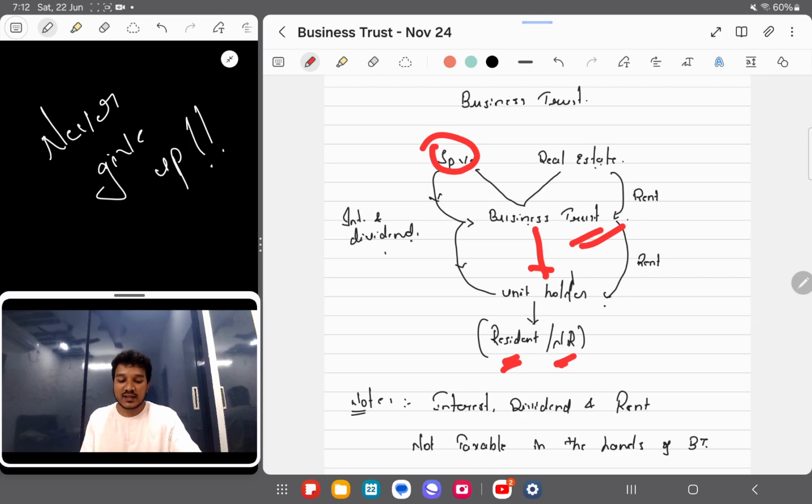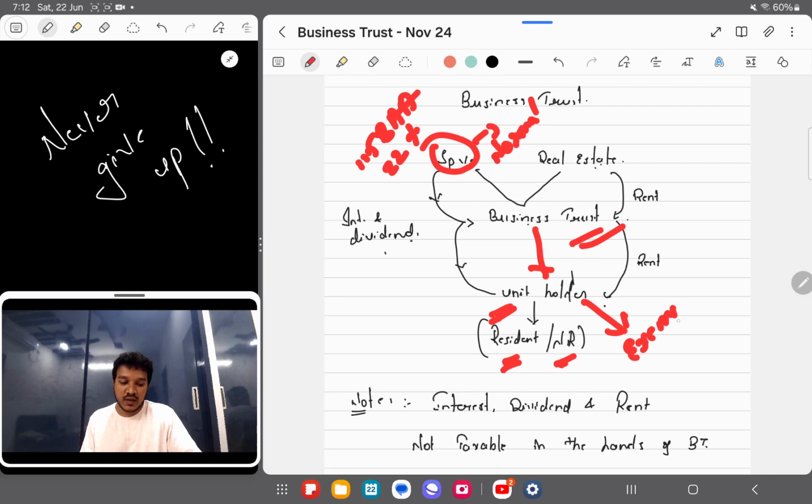If it has paid tax under section 115BAA, where the tax rate is 22%, then the unit holder is liable to pay tax. If it pays tax as per normal tax rates, then the dividend amount received by unit holders is exempt. I'm only talking about dividend here. I hope this is clear.